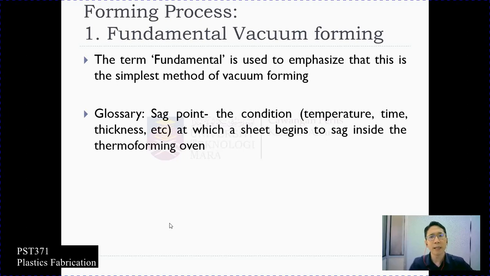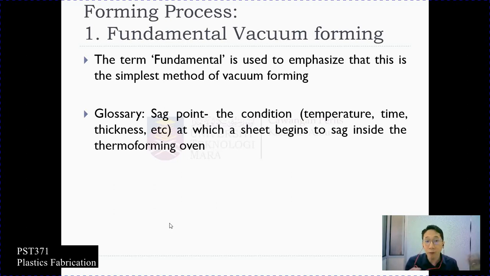Okay, the term fundamental is used to emphasize that this is the simplest method of vacuum forming. So, when you go to industry, probably you will find another type of vacuum forming which is not the fundamental. Okay, might be derived from the fundamental vacuum forming itself.